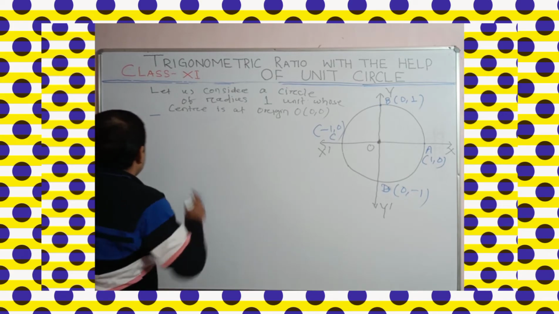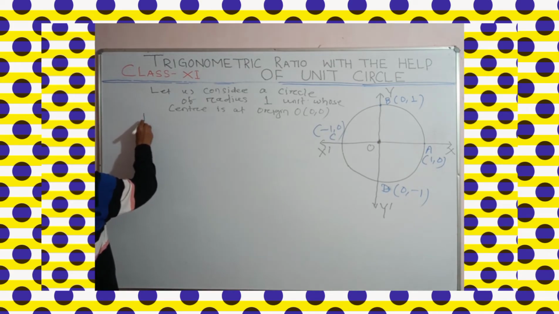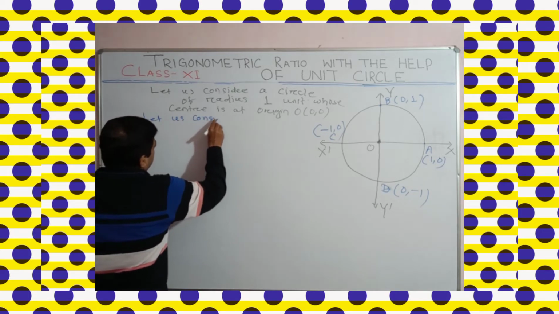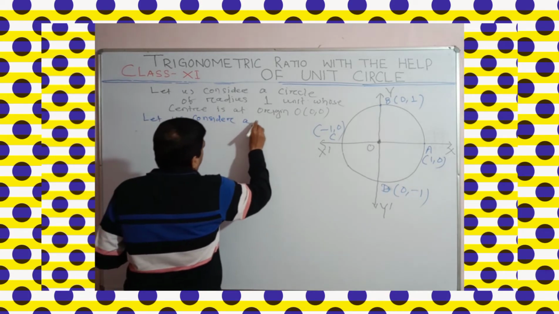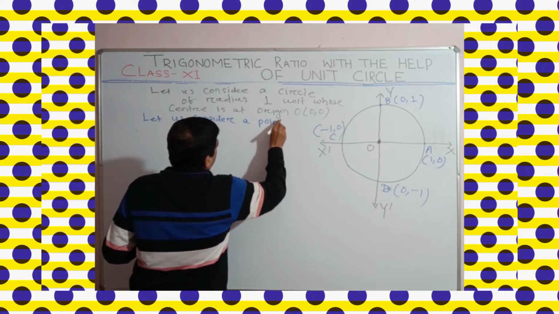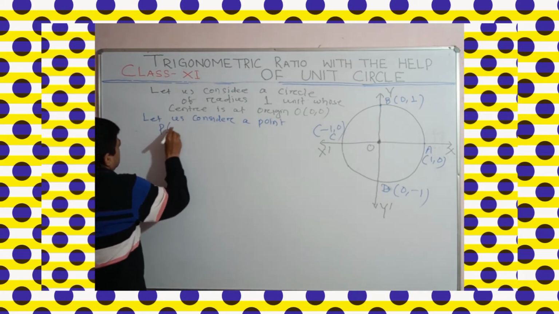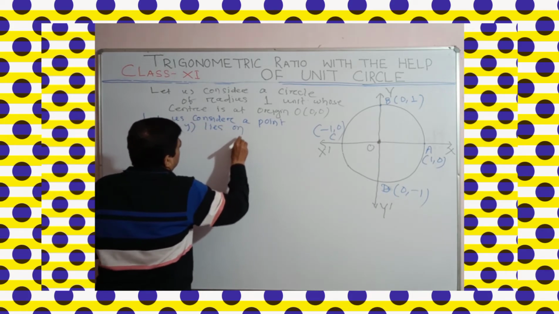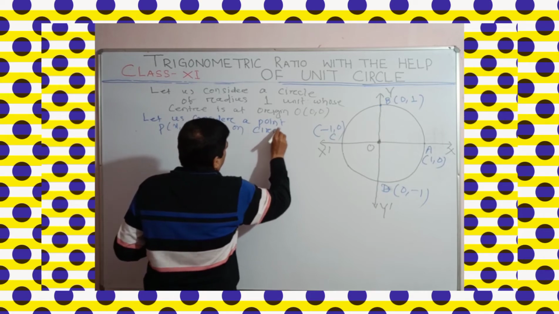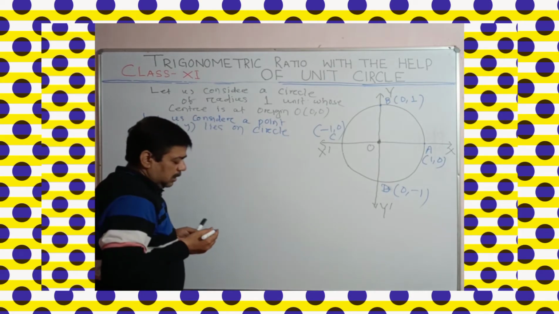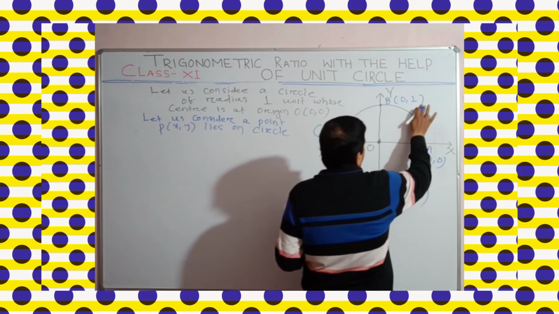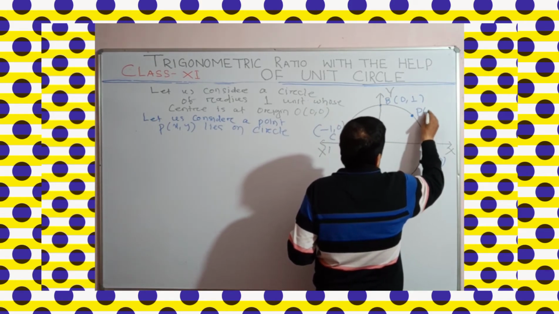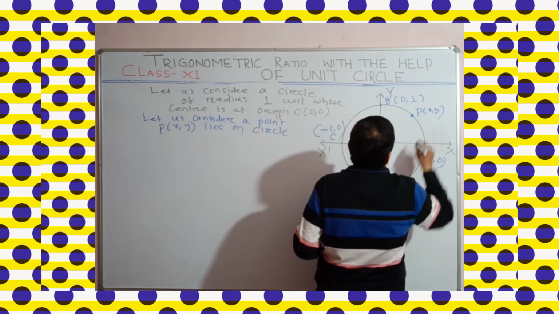Understand? So let us consider a point P, whose coordinates are (x, y), lying on the given circle. Let P be any point on the circle with coordinates (x, y).